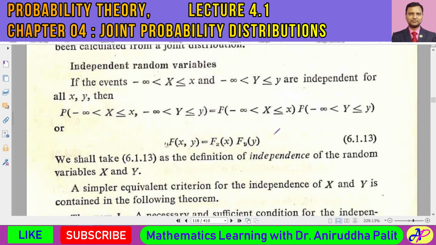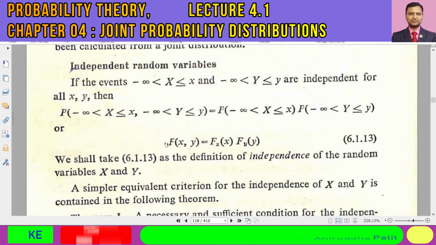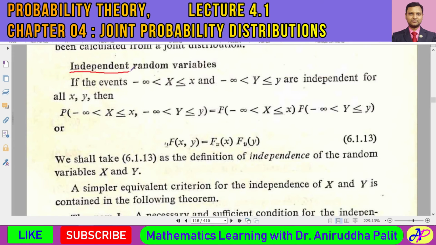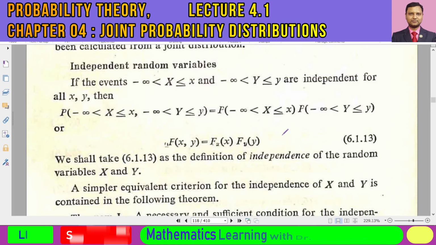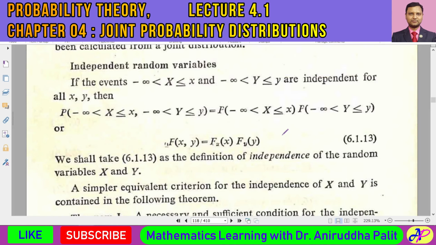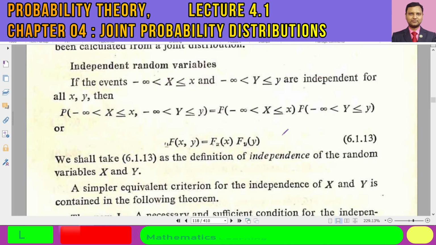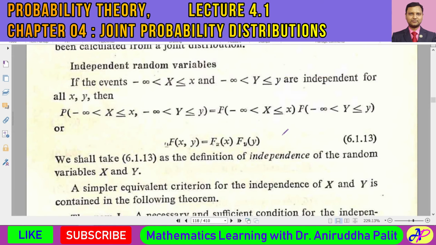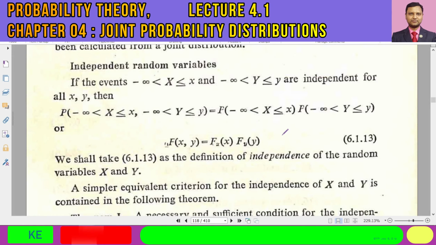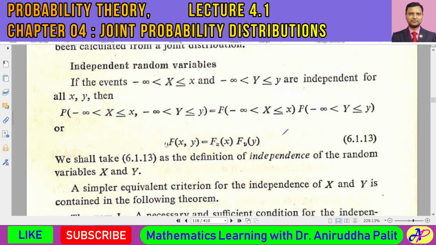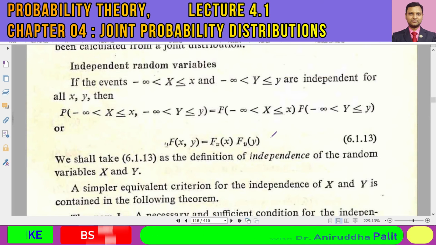So we say that two variables x and y are independent random variables provided the joint distribution can be written as the product of the two marginal distributions. This is the definition. We can have examples of distributions in which the random variables x and y are not independent at all. We shall discuss such examples in subsequent lectures. But over here, this is the definition.